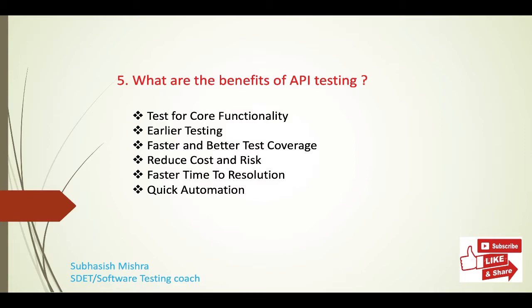API test automation requires less code comparatively to GUI automation testing. So that provides faster test results and better test coverage in less time. So these are the main benefits of API testing.